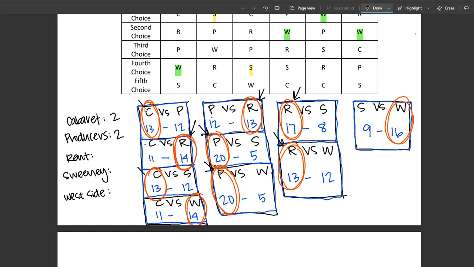So Rent has won 4. Sweeney Todd did not win any of these. And then West Side Story won right here and right here, so they won 2. So the winner is Rent.